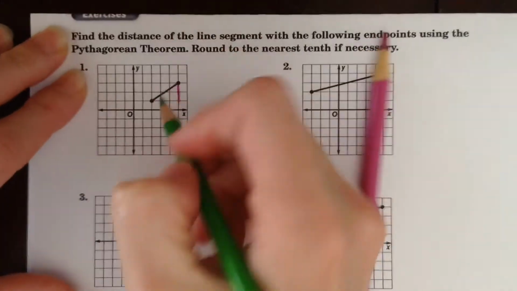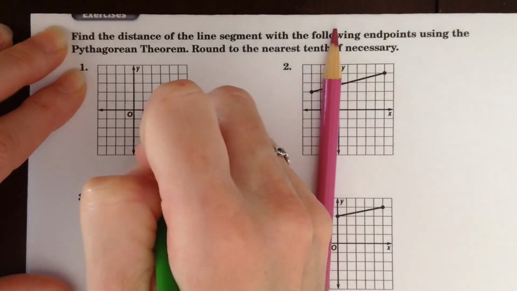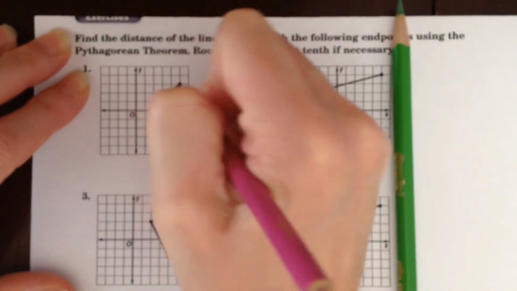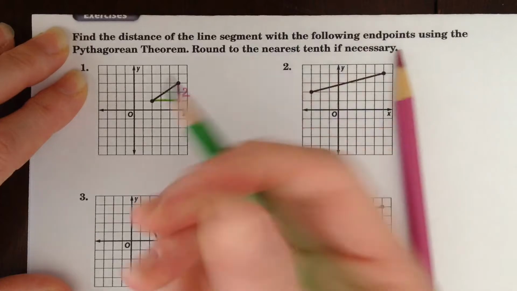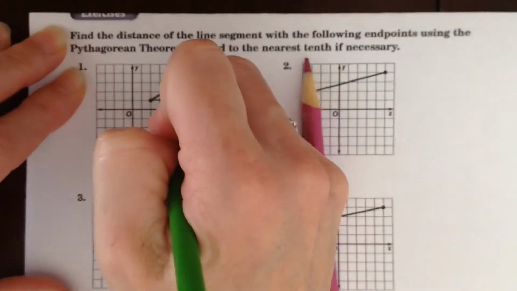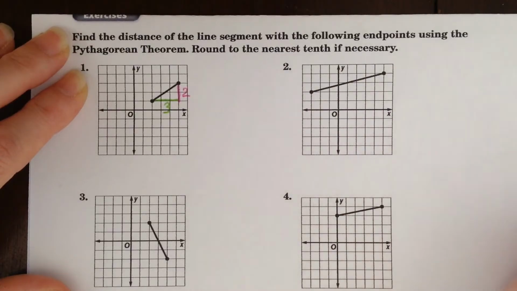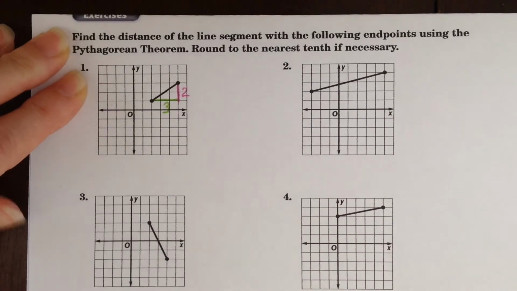You go down and you go over. So it's 2 units tall. There's 2 boxes there, and this is 1, 2, 3 boxes wide. So our A and our B are 2 and 3. And then we're trying to find this.